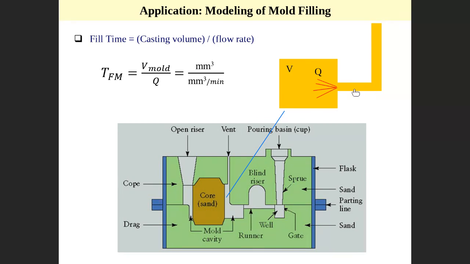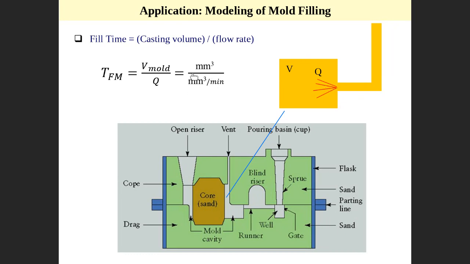Liquid comes from here to here and then to the cavity at a constant flow rate Q, in cubic millimeters per minute. The cavity has a certain volume. So the time to fill the cavity equals the volume of the mold, in cubic millimeters, divided by the flow rate, in cubic millimeters per minute.